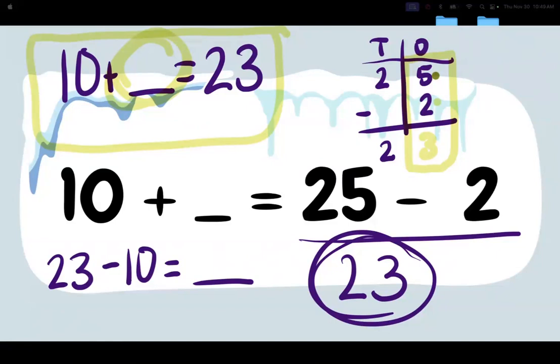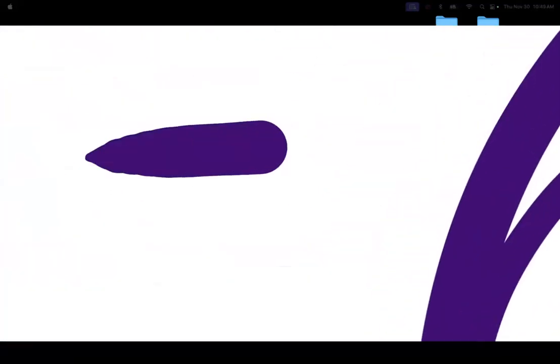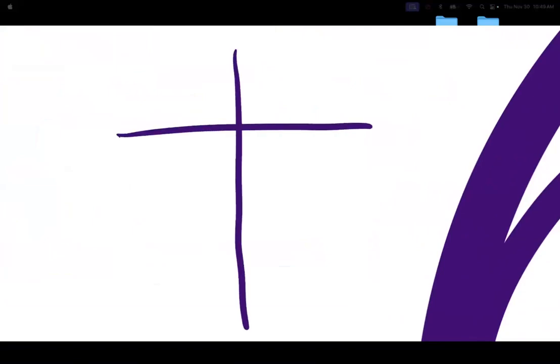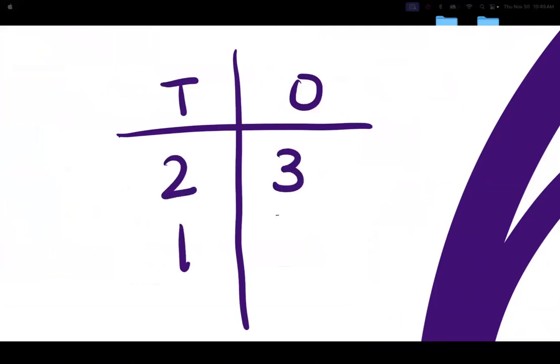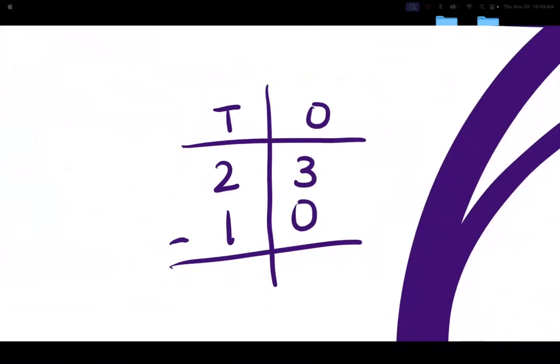So if we take 23 minus 10, look. 3 minus 0 is what? 3.